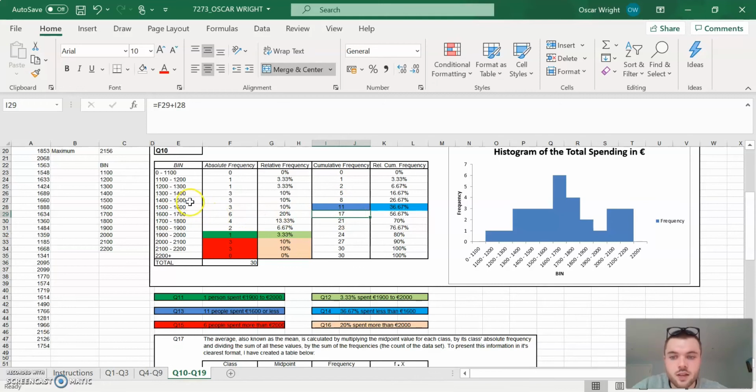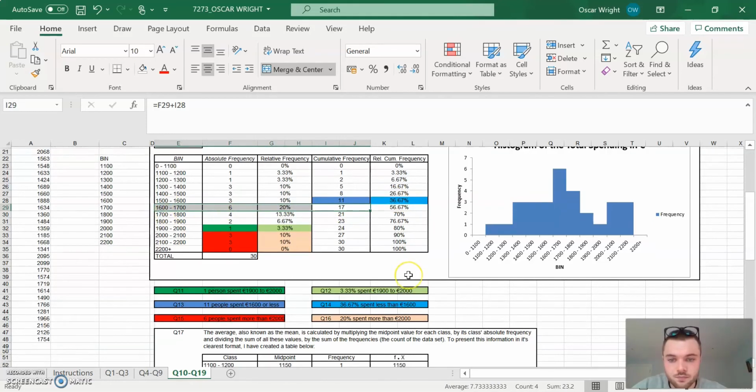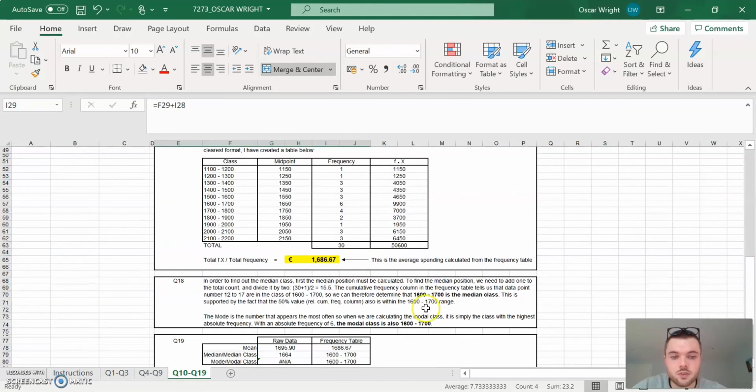However, the extra 6 people, so from the 12th person to the 17th person, must be included in the 1600 to 1700 range, which is why we were able to deduce that the median class is 1600 to 1700.